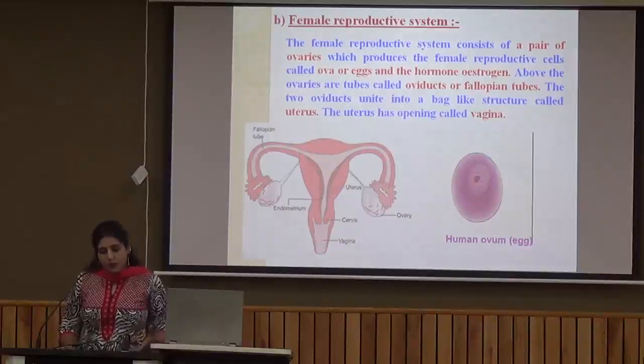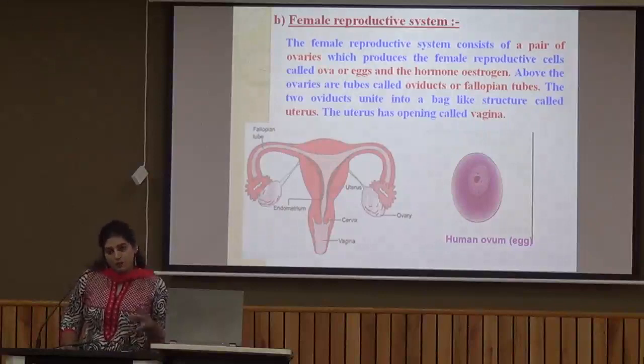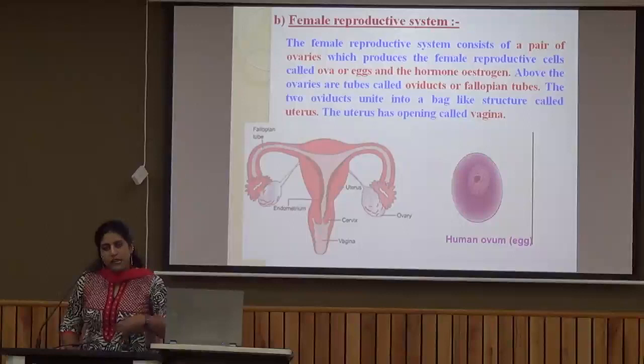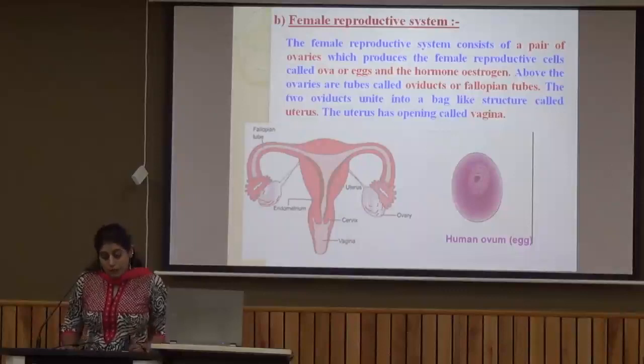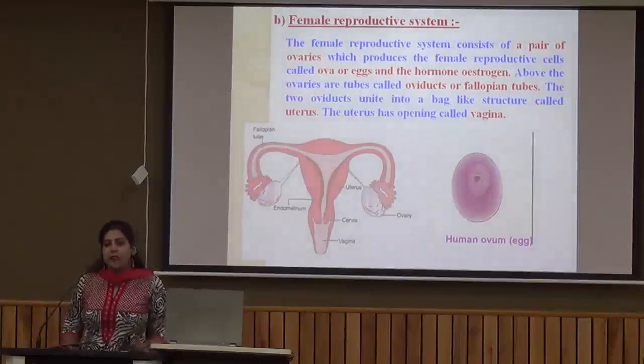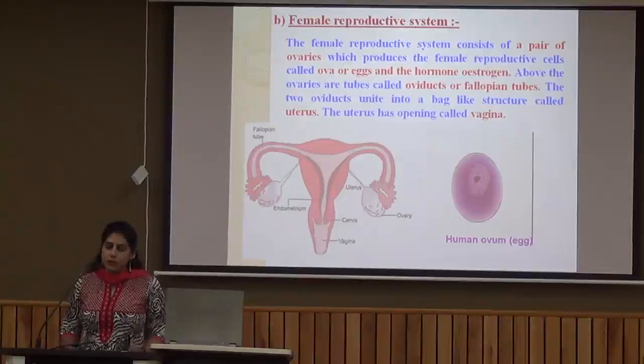Once it gets matured, it will be caught by the fallopian tube. It catches that egg from the ovary, and that ovum will reach the fallopian tube, and it will stay there and wait. I told you that the human ovum or egg, the female one, does not move, and it is much bigger in size in comparison to the human sperm.